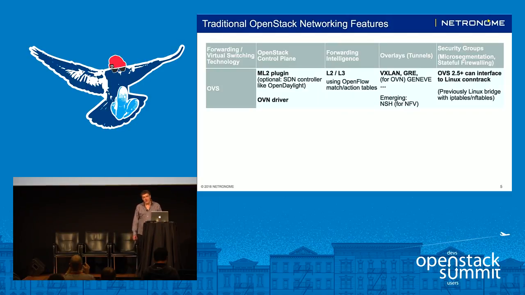So to start peeling the onion further here, with OVS, you have a few options for your control plane. These flow entries that drive the forwarding of traffic or the other policies associated with traffic are sent by OpenStack using the ML2 plugin to the compute nodes. An SDN controller like OpenDaylight may or may not be involved.